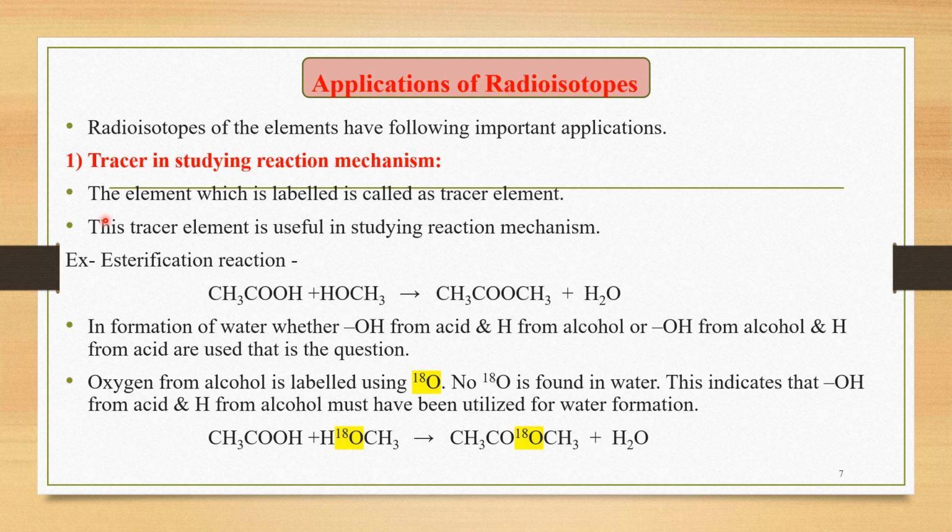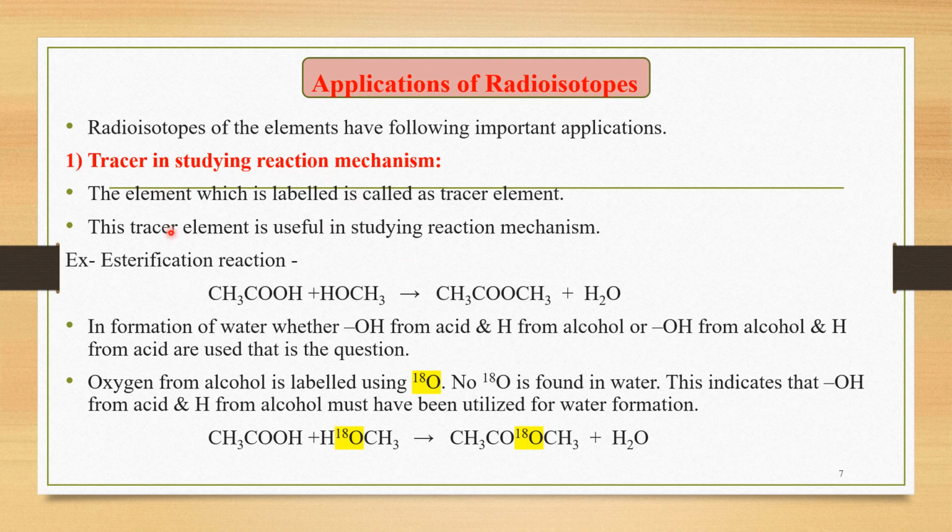First of all, the element which is labeled is called the tracer element. So in a reaction, if we label a particular element, then that element is called the tracer element. This tracer element is useful in studying the reaction mechanism.